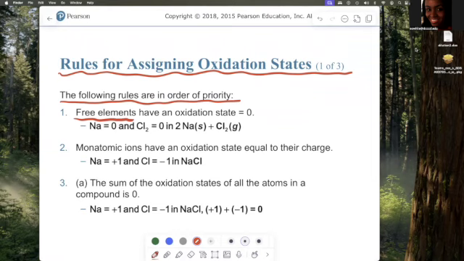So our example here is sodium. If you have sodium by itself, say you have magnesium by itself, potassium by itself, aluminum by itself, iron by itself. All of these are random elements by themselves. And because they're random elements by themselves, you will assign them an oxidation state of 0, 0, 0, 0, 0. So why are you assigning them oxidation states of 0?